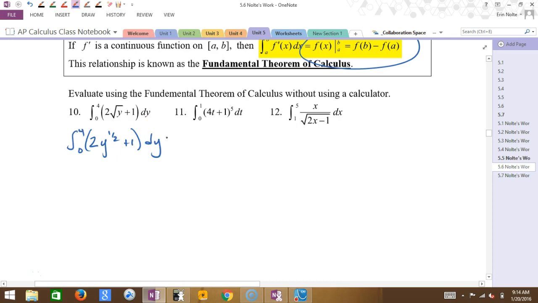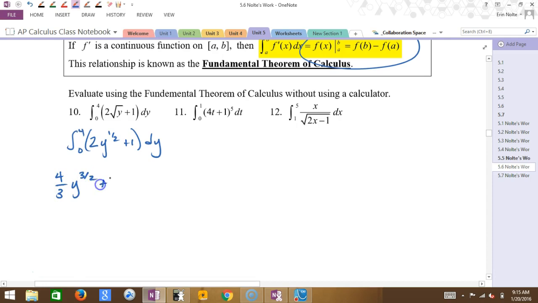What is the integral of 2y to the 1/2? 3/2. Good. So if I divide by 3/2, that's the same as multiplying by 2/3. So if I already have a 2 there, can you guys do this mentally? If I have a 2 there, it's going to be 4/3 y to the 3/2.